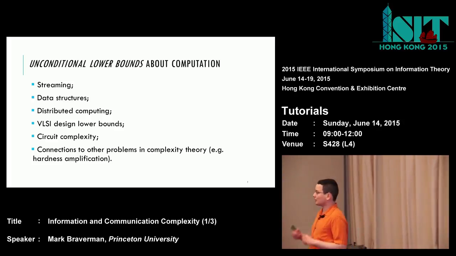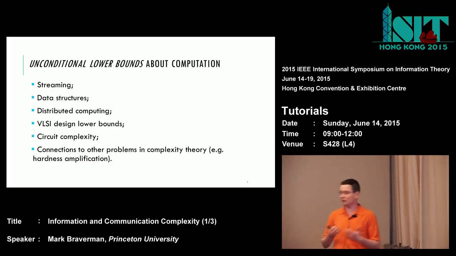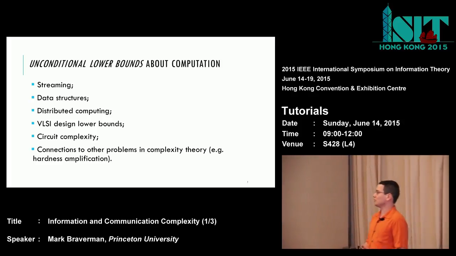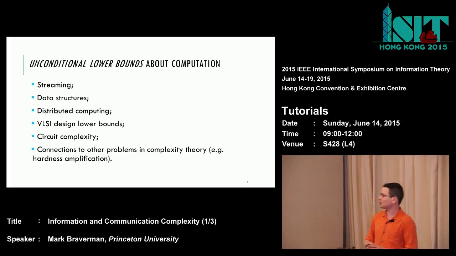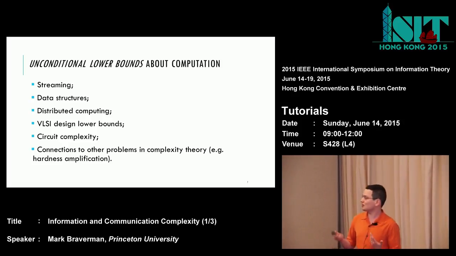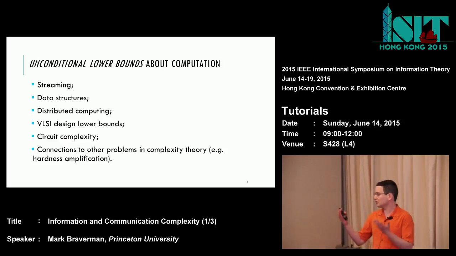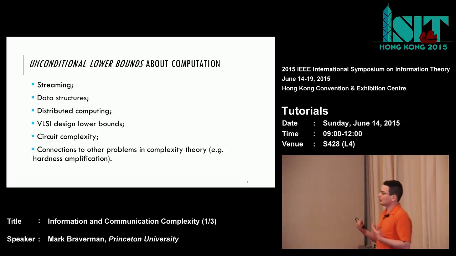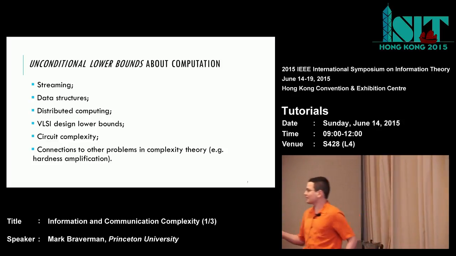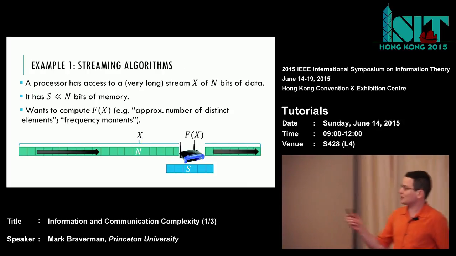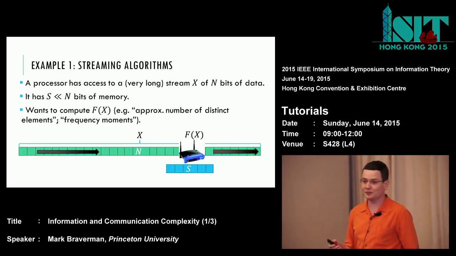So I'll give two examples in more detail just to motivate this area. But there are many more. So basically, streaming I'll mention, data structures, distributed computing, which that one seems pretty natural, VLSI design, circuit complexity, and there are many more other examples. So let me just give you two examples in more detail.